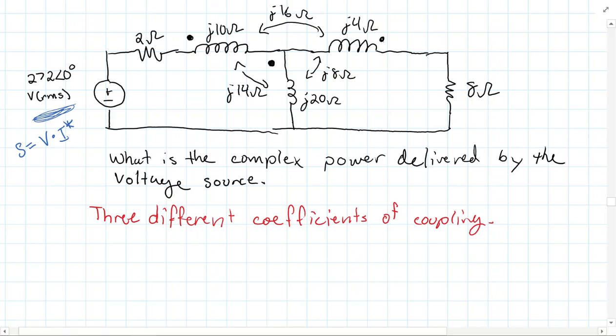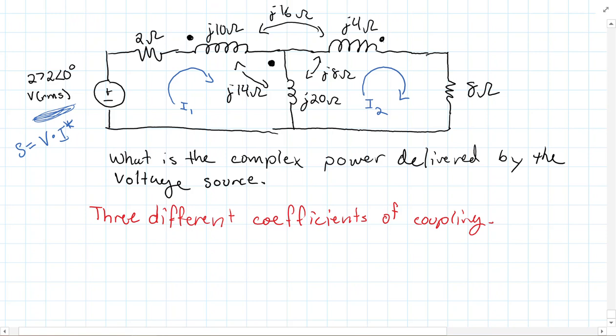If I just do current I1 and then current I2, I should be able to write two sets of equations here.